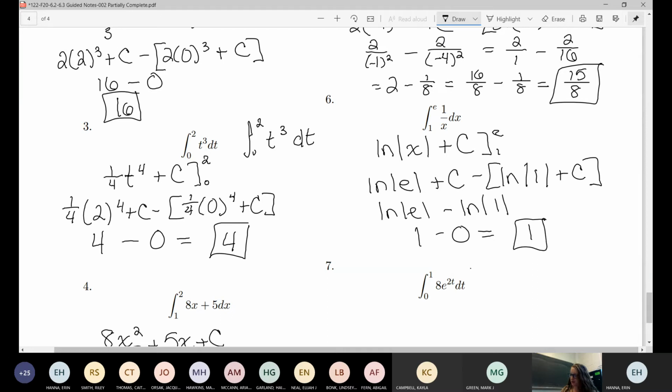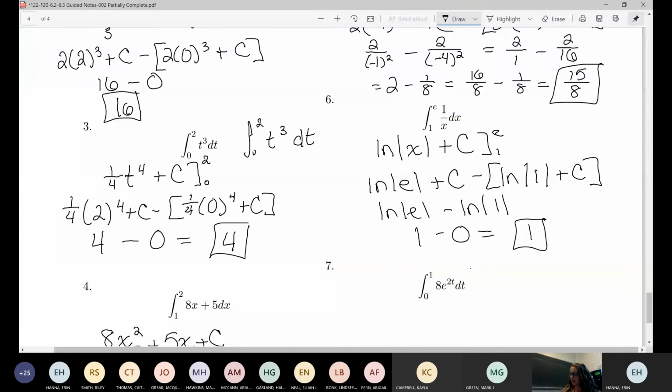Now, I do want to say something about this one before we move on. Say that wasn't an e, it was a 3. So we had natural log of 3 minus natural log of 1. You would need to leave the natural log of 3 as the natural log of 3 in Wiley.